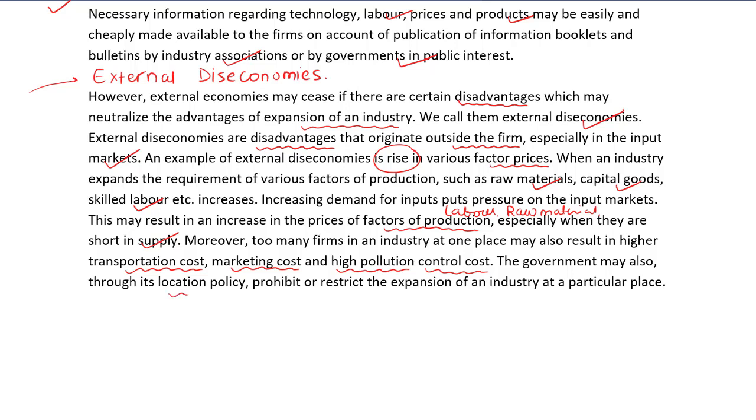The government may also, through its location policy, prohibit or restrict the expansion of industry in a particular place.